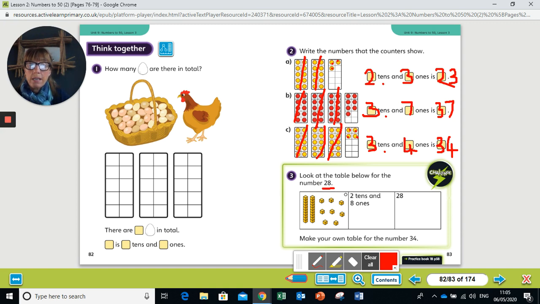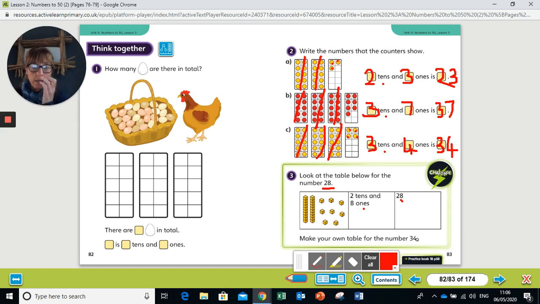So look, they've drawn it, they've represented it, they've made it out of cubes. Then they've written it down, 2 tens and 8 ones, and then they've told us what the whole number is. 2 tens and 8 ones is the number 28. The challenge is to make your own table for the number 34.